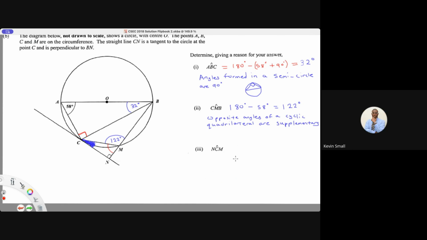All right, so the first thing is this is a straight line. If this is 122, then the remaining angle here would have to be 58, which is 180 minus the 122, and that is 58 degrees.